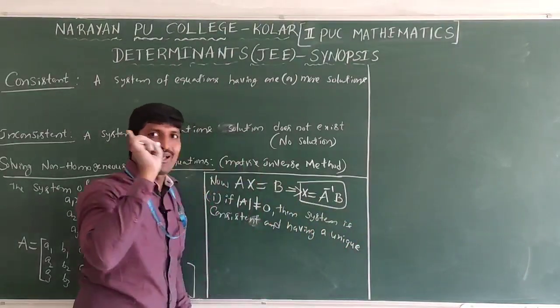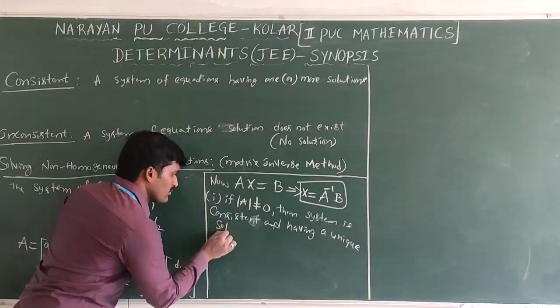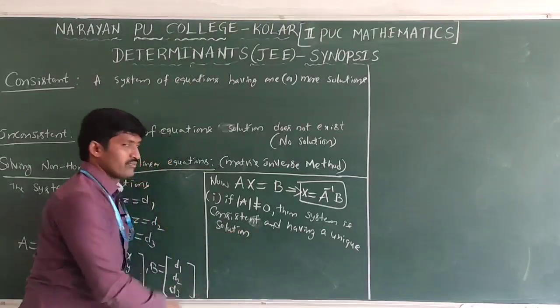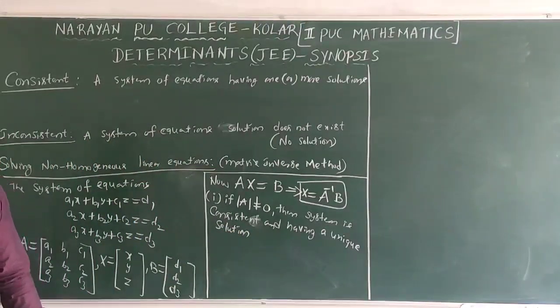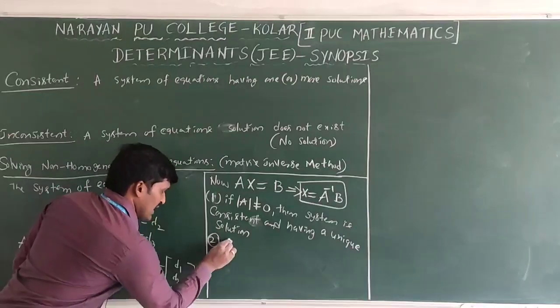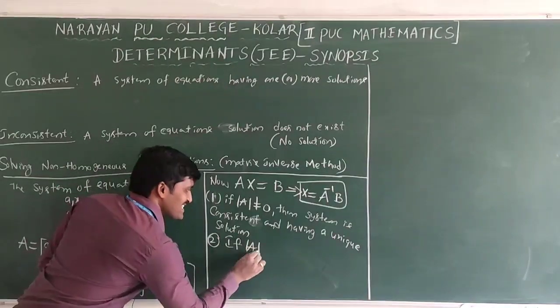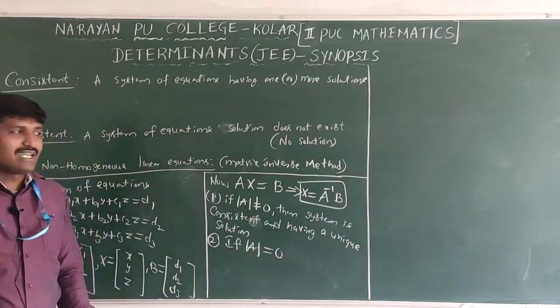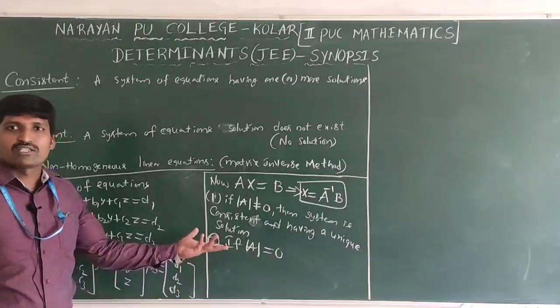Unique means only one solution. Coming to the second condition: if det A is equal to 0, the solution does not exist.